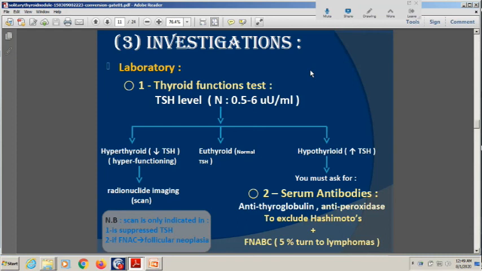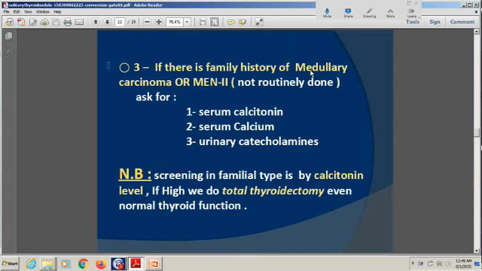If there is hypothyroidism, you must look for all the antibodies like antithyroglobulin and antiperoxidase, to exclude the autoimmune disease, Hashimoto thyroiditis. After the TFT and the sonography, we have to go for FNAC, the same thing. Other tests are serum calcitonin and serum calcium. These are to rule out malignancy, hypercalcemia and parathyroid disease.